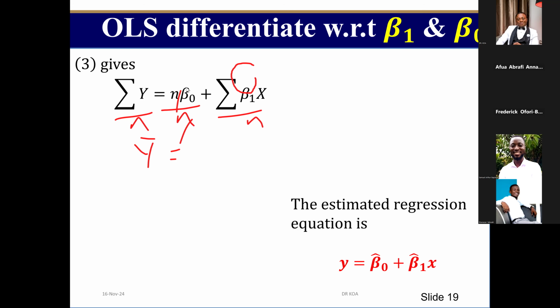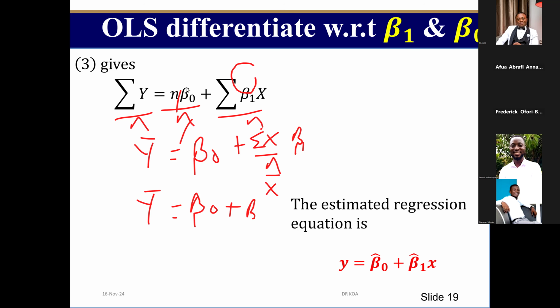This n will cancel, so you now have beta naught plus, this one is going to give you x bar, because you get sigma x over n, then beta 1. And sigma x over n is actually x bar. So at the end of the day, you get y bar equals beta naught plus beta 1 x bar. And now that you want beta naught, you move this one to the side here.